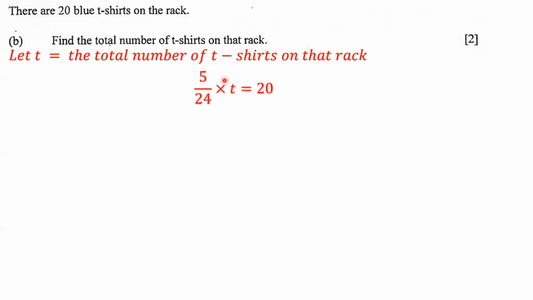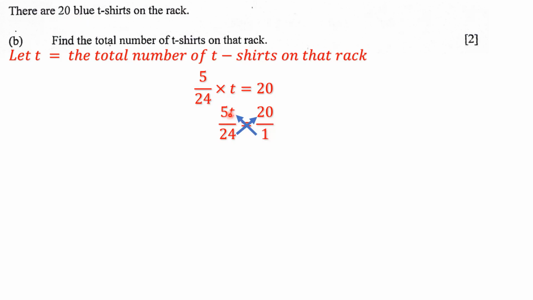So even though we don't know what this variable is, we know that when we multiply the fraction of blue shirts by that number, we will get 20. Because 5 over 24 is the fraction of blue shirts, if we multiply that by the total, it's going to give us 20 because there are 20 blue shirts on the rack. Okay, we're going to put 20 over 1, right? And then we're going to cross multiply. So we have 1 times 5T and 24 times 20.